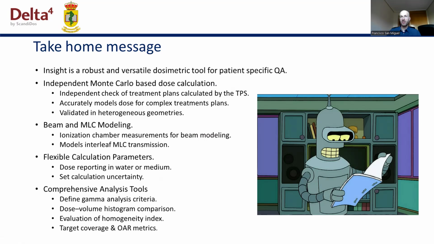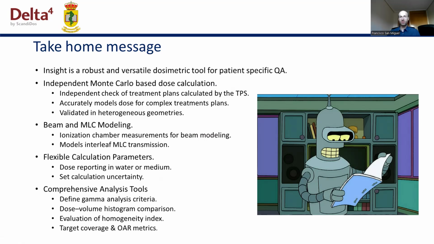On the other hand, depending on how our treatment planning system reports dose, we can choose to report dose in water or in medium. In the same way, we can set the calculation uncertainty to match the uncertainty of our TPS plan calculation. And finally, the system provides several analysis tools.